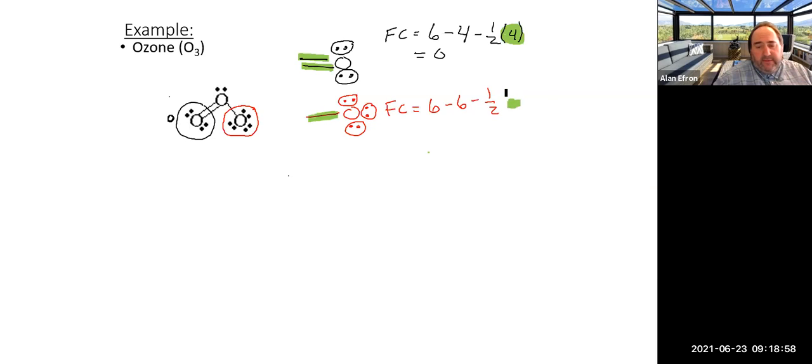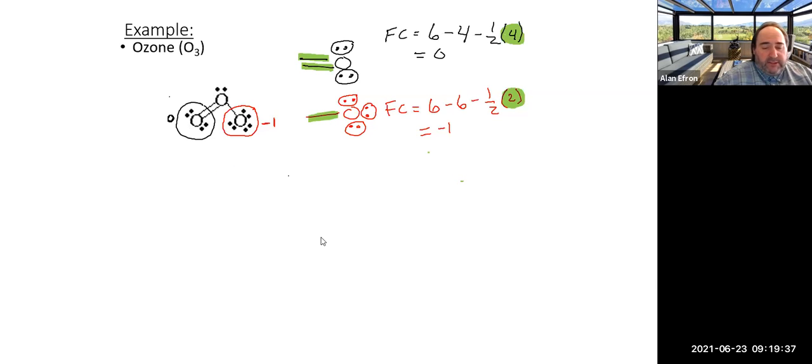So here we would have 2. That gives us 6 minus 6, which is 0, minus 1/2 of 2, basically, gives us a -1. So this tells us this single bonded oxygen is carrying a -1 charge overall, while the double bonded oxygen on the other side is carrying a 0 charge, in terms of how they're sharing electrons.